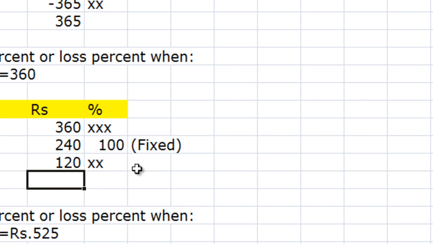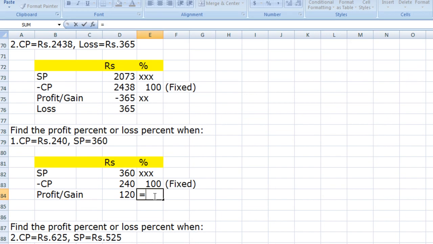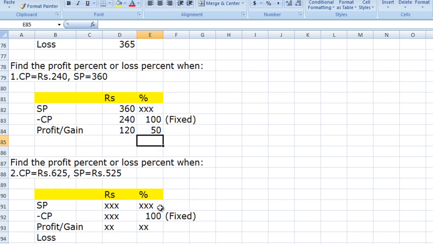So what is the profit or loss percentage? Profit percentage is equal to 120 divided by 240 into 100, that is 50%. So profit percentage is equal to 50%.